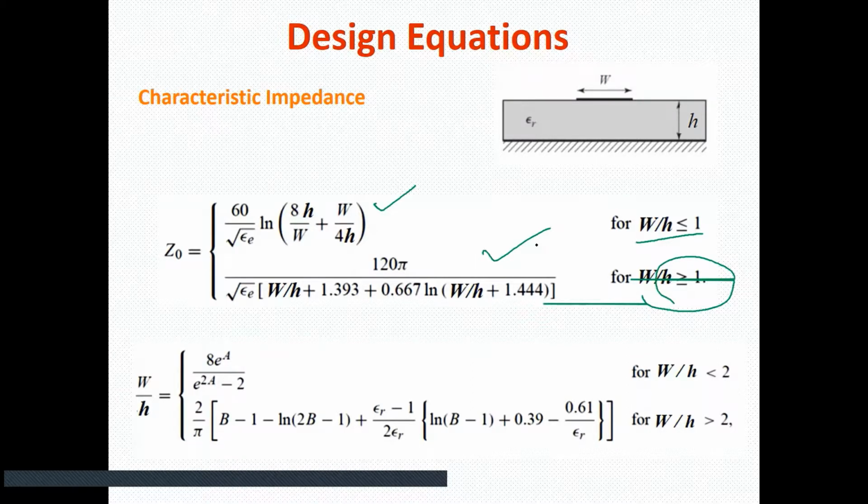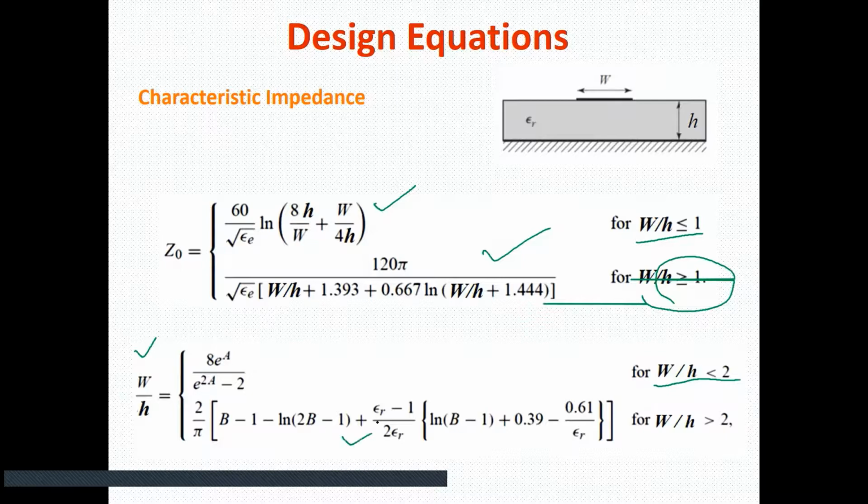We will take the assumption that W by H is less than 2 or greater than 2. If W by H is less than 2, this is our rough assumption, then we will calculate the actual value of W by H by this formula 8 e raised to power A upon e raised to power 2A minus 2. Similarly, if W by H is greater than 2, then we will use the second formula.